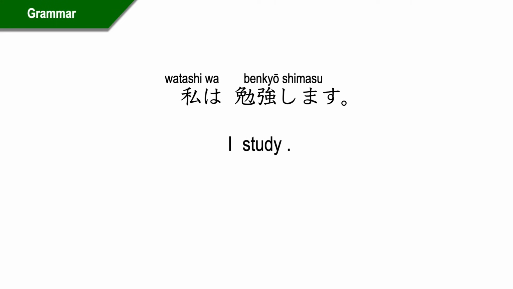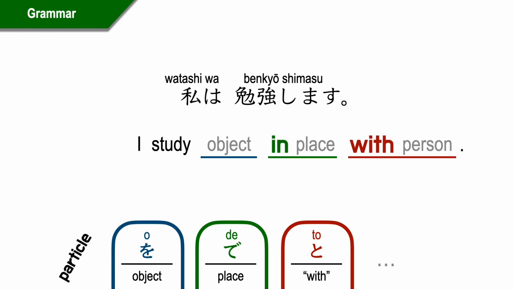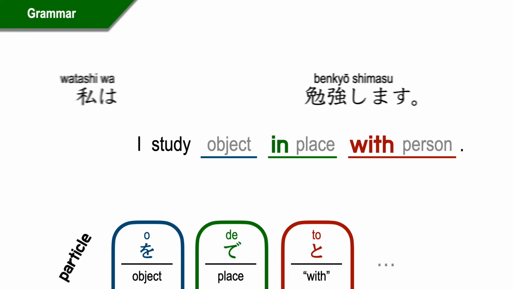So the rest of this lesson and the next few lessons are going to be mainly about learning new particles. Particles are very important. Using particles, you can make a sentence like I study object in place with person.